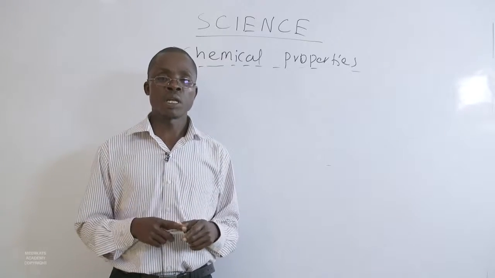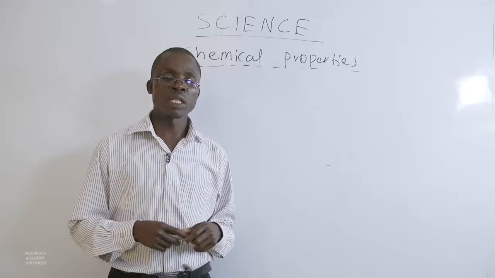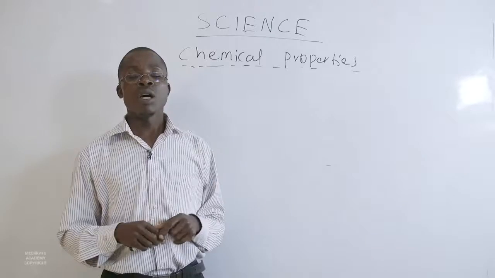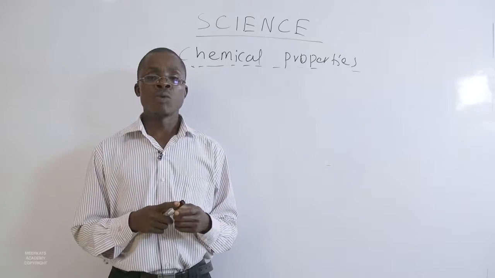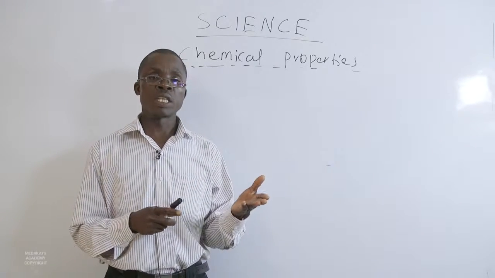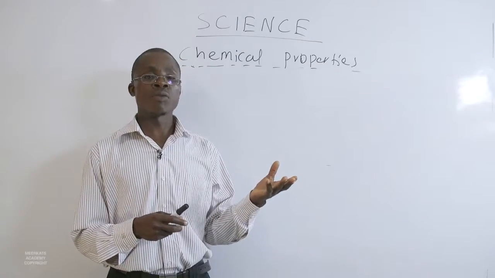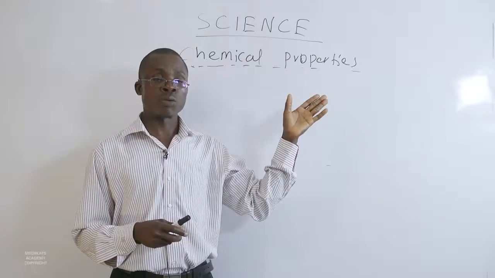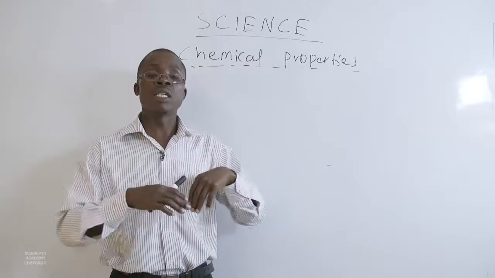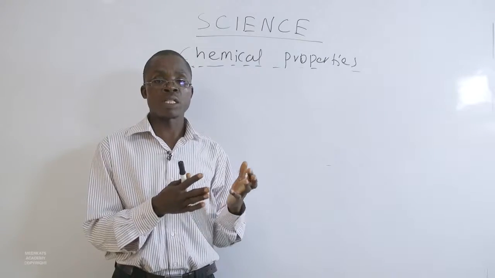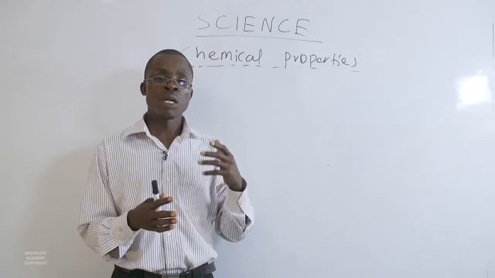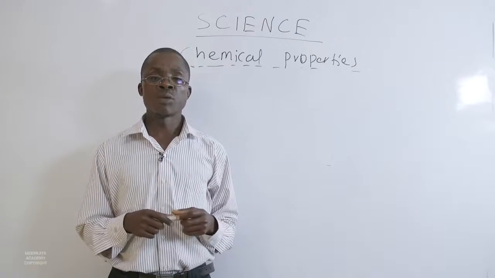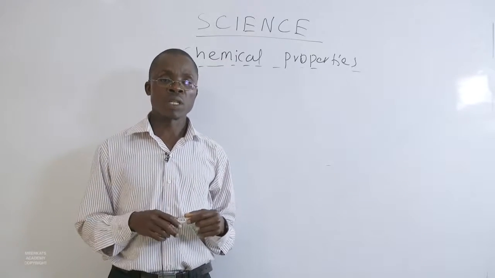I will give out examples in so many of these cases, and we shall see the differences between physical and chemical changes, which puts in itself the description way of stating the physical properties or the chemical properties. When we talk about properties, we are looking at the descriptive way of looking at the substance. But when you talk about physical change or chemical change, you are looking at the reaction way of describing the substance.